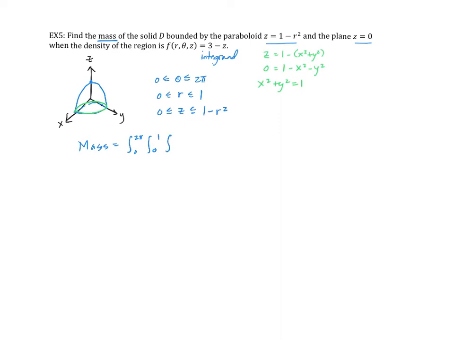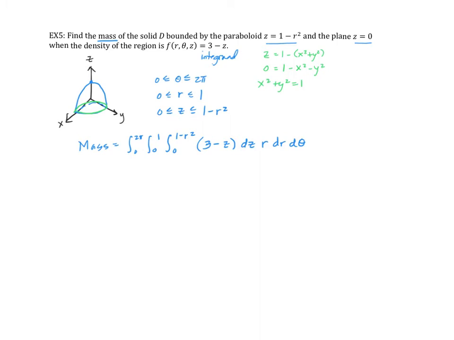My z values go from 0 to 1 minus r squared, and this is already in cylindrical. And now look at my density function. That's 3 minus z. That's fine too. I don't have to change anything. This is a dz, and then I have my r dr d theta. And that's what I'm going to integrate.